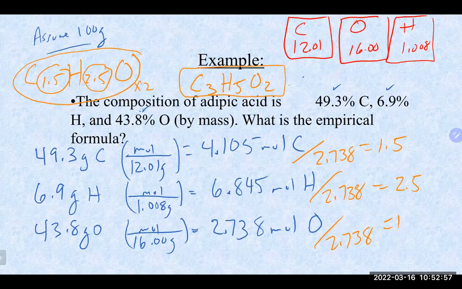No, honestly, you don't want to round too much here with the moles, especially in this case, because you're going to come back and divide by the moles. So if you do a lot of rounding, you may find yourself not very close to whole numbers in certain cases. So in this situation, since these numbers are not necessarily our answers to the problem, I typically take it to a good number of digits. That way, you could then make the decision to round if it's close to a whole number.